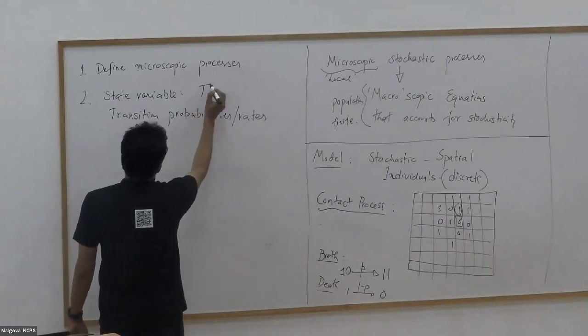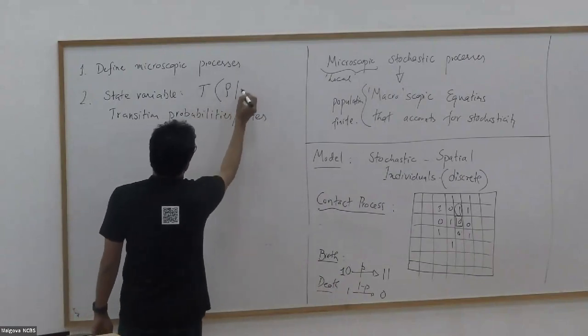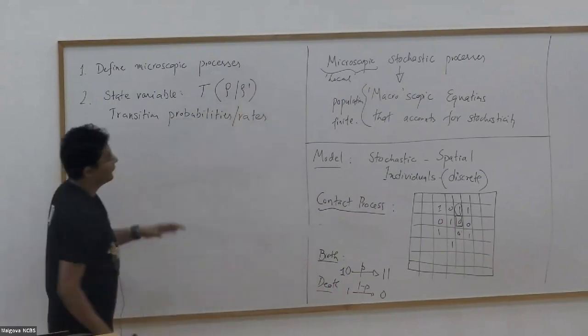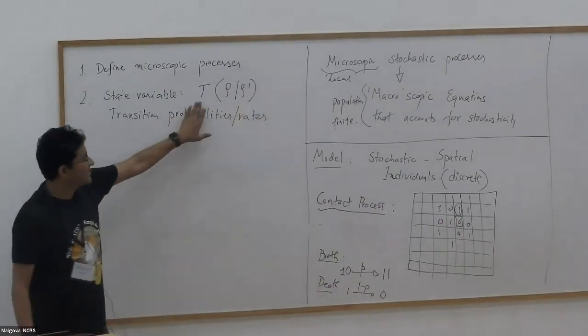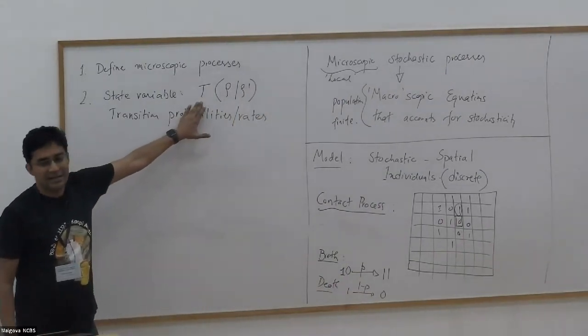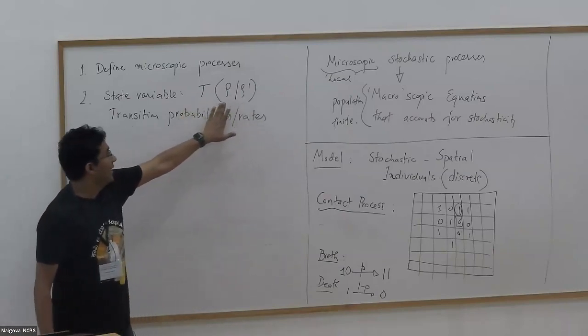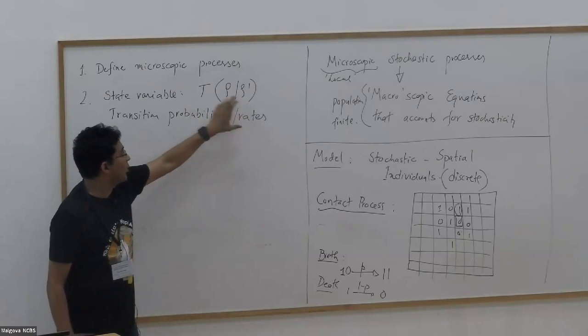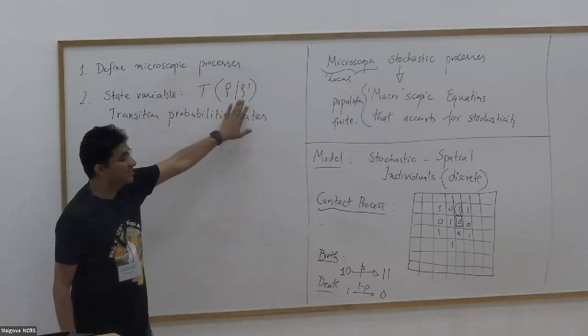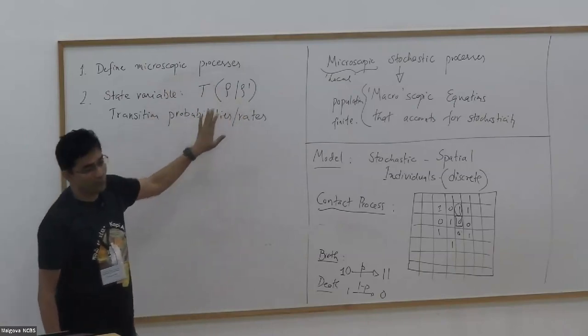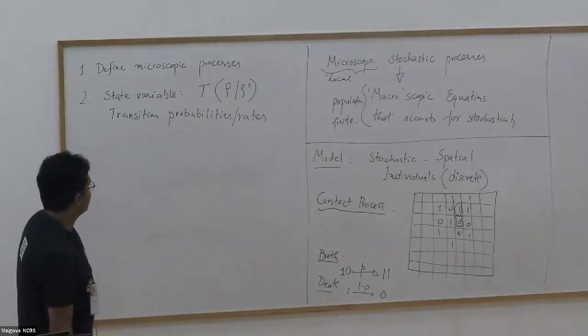Let's denote that by T. If rho is the state variable, this T matrix tells the transition probabilities. If rho prime is the current state, this object tells me the probability of transitioning from rho prime to rho. It's a transition rate.